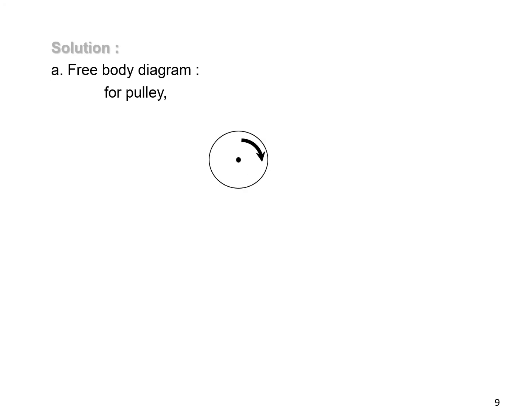For the pulley, we have the direction of rotation, weight acting downward, and then a reaction force and also tension. The reaction force will be from the center at the point of contact, and the tension will be at the side. Net torque will be equivalent to moment of inertia times angular acceleration.